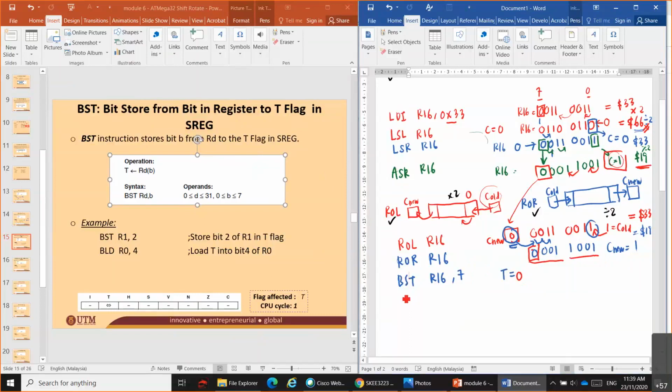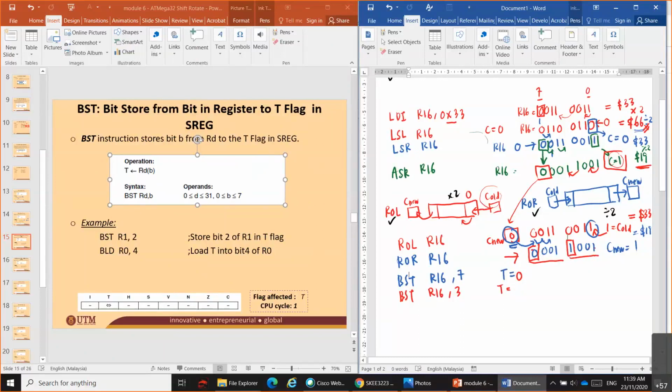For another example, BST R16, 3. What happens to my T flag? This is my R16 and this is my bit 3: 0, 1, 2, 3.